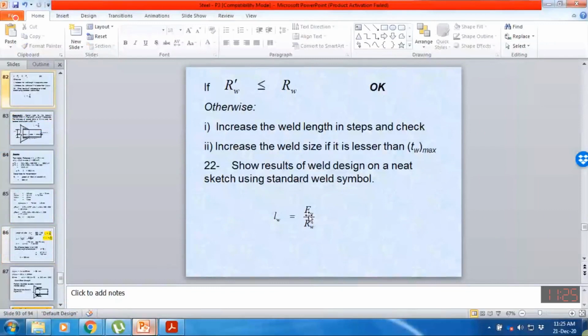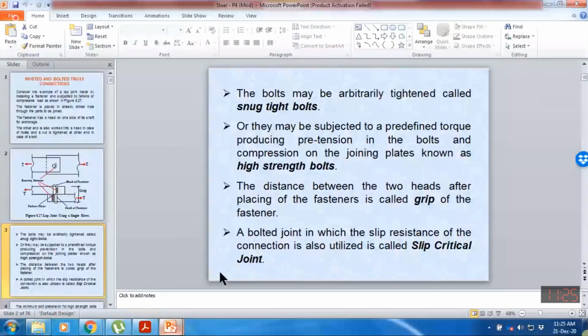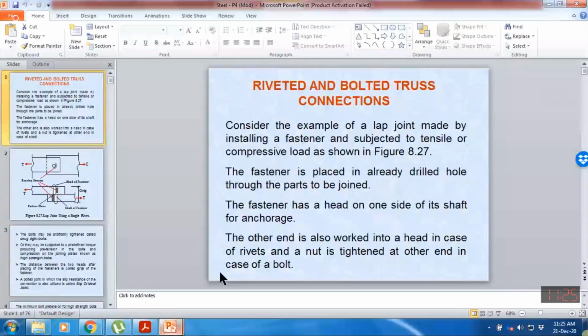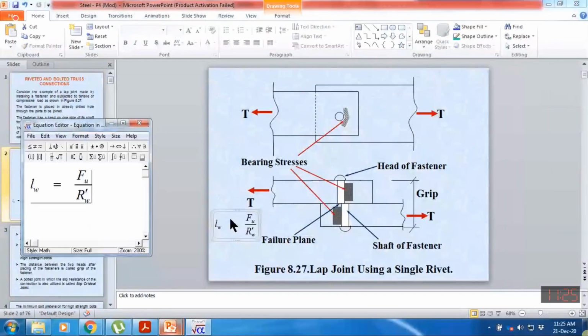In this formula, some of the parameters are the same. We are interested in computing the number of fasteners or rivets required to safely transfer the force from one member to the other.